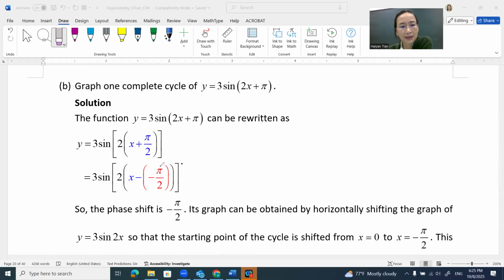Okay, with that, we know the phase shift is negative half of pi.